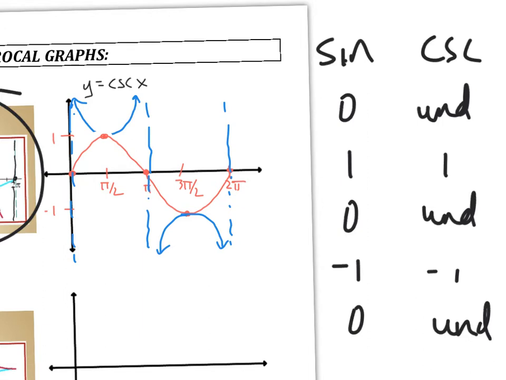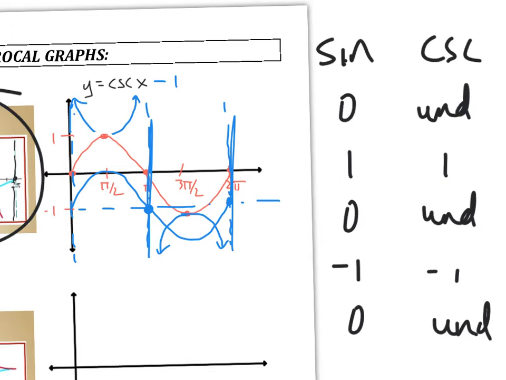What I mean by that is if I were to go -1, which means that this now becomes our midline, when our sine curve touches the midline, it now becomes an asymptote. So the points where it crosses the midline are our asymptotes. Does that make sense?